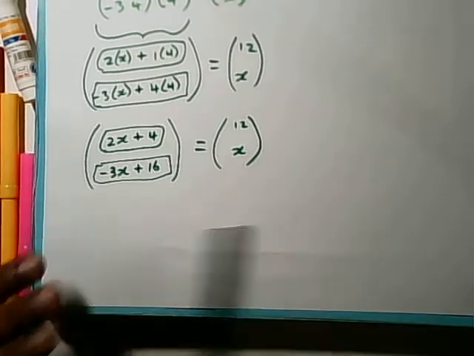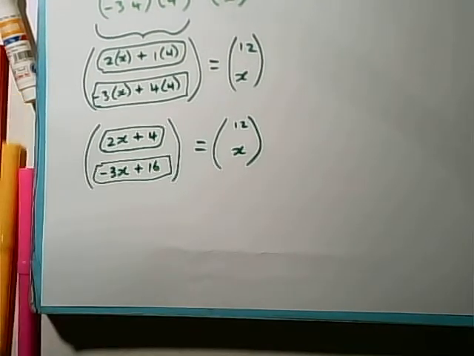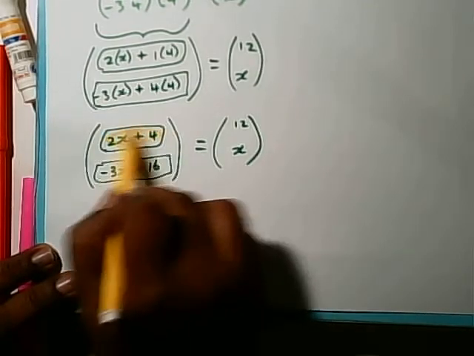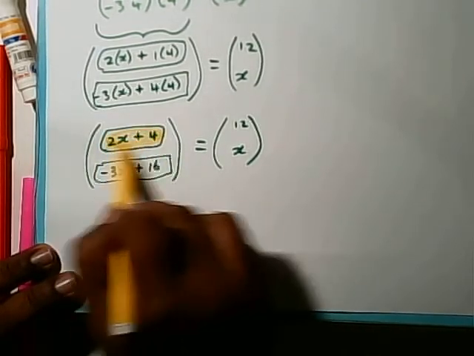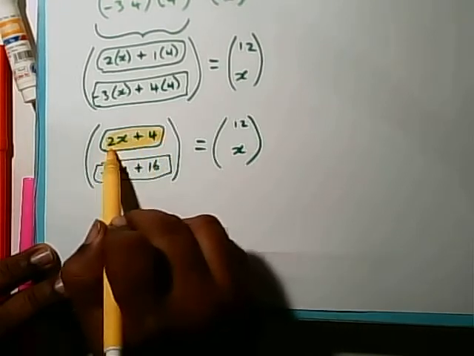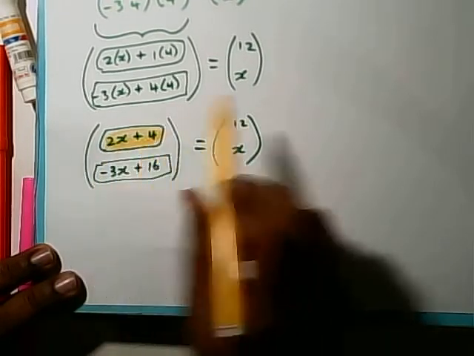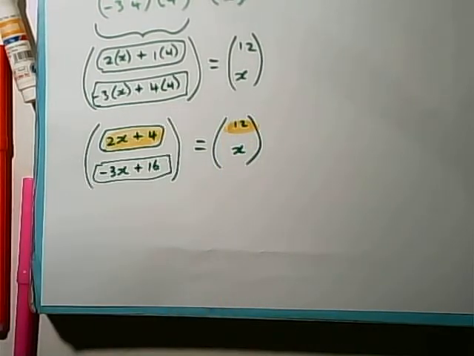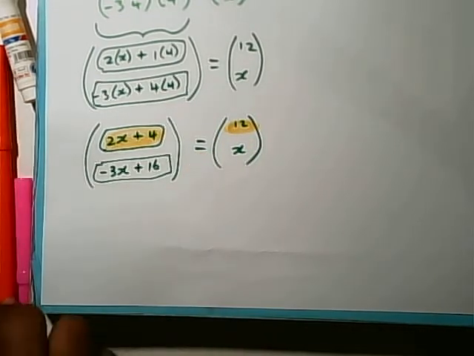So now we just match the positions. This here can't simplify anymore because these are not like terms, so I can't add them up. But I know this will be equal to that because the equal sign tells us that.